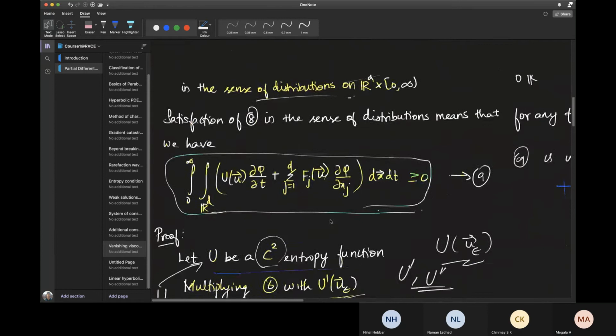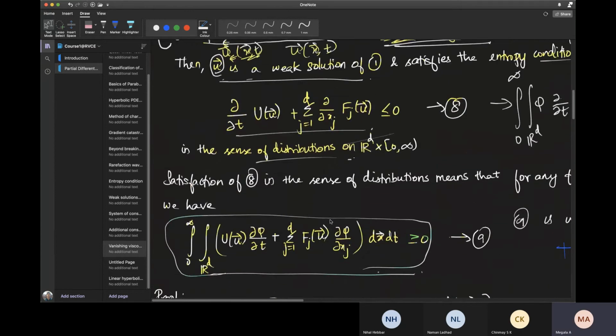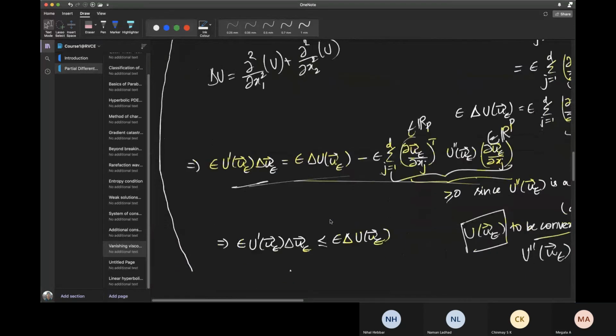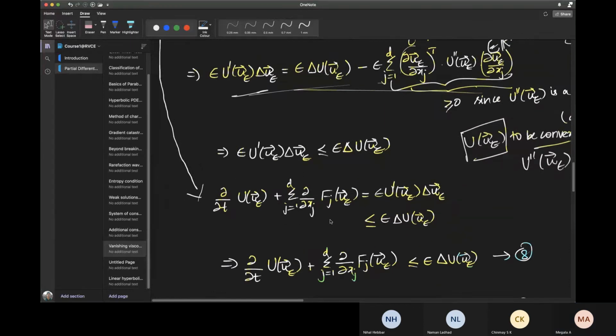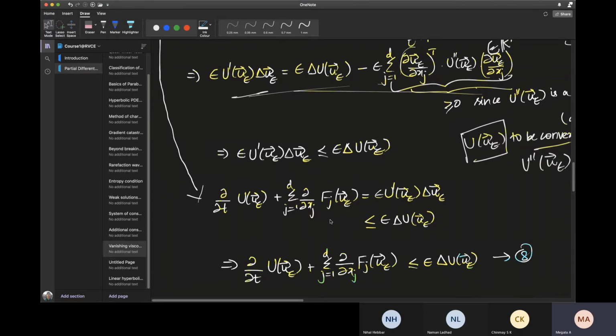We have had this observation that any solution to the epsilon viscous PDE satisfies the entropy inequality and not the entropy equality.